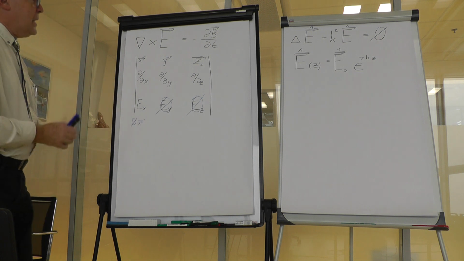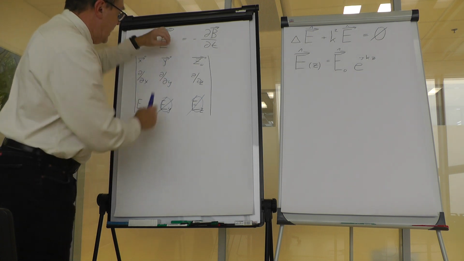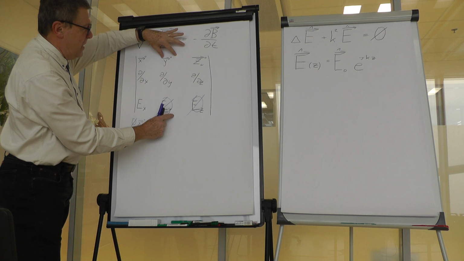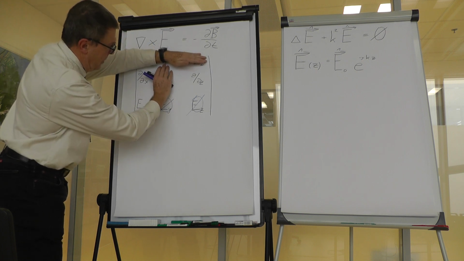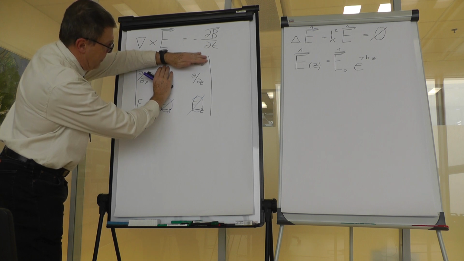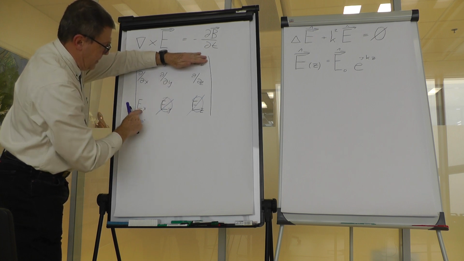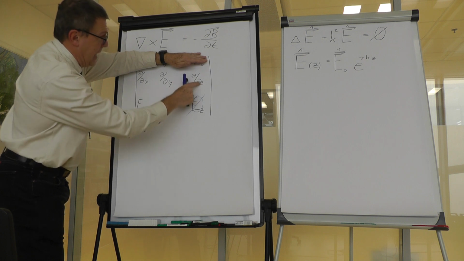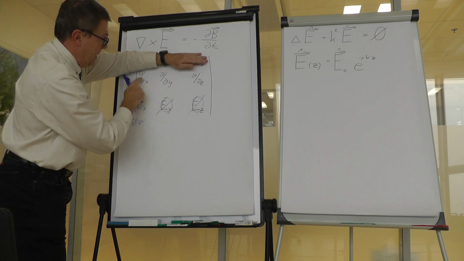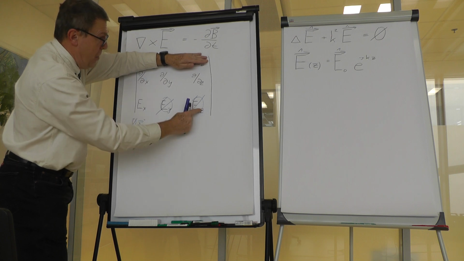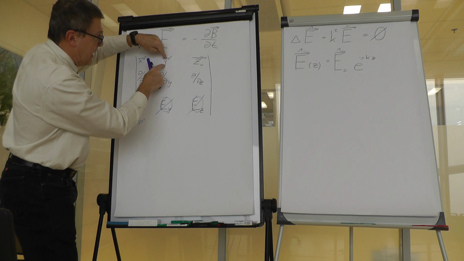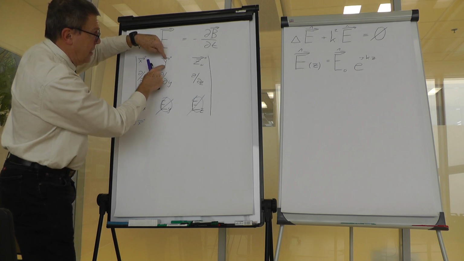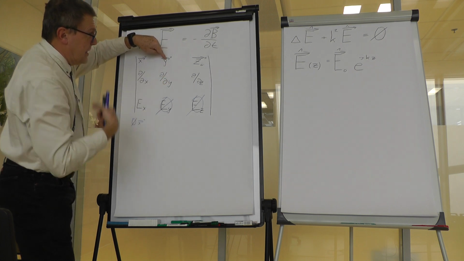So let's go on. What about the y direction? So let's hide those two, the row and the column. And in the y direction, there would be the derivative of Ex against z and the derivative of Ez against x. Now, we have been hiding the second component on this line, so the sign is minus.